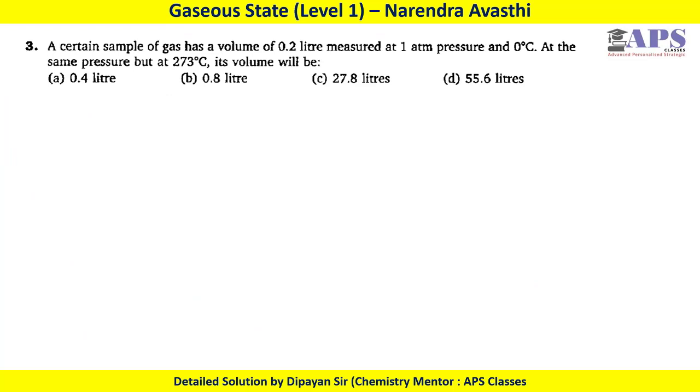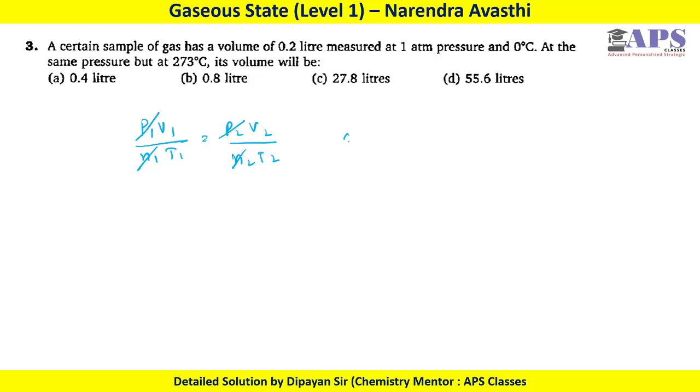In question number 3, a certain sample of gas has a volume of 0.2 liter measured at 1 atm pressure at 0 degree centigrade. At the same pressure but temperature raised to 273 degrees centigrade, we have to calculate its volume. Here we can apply the general formula, P1 V1 by n1 T1 equal to P2 V2 by n2 T2. Number of moles is constant, so it will cancel. Pressure is constant, so P will cancel.